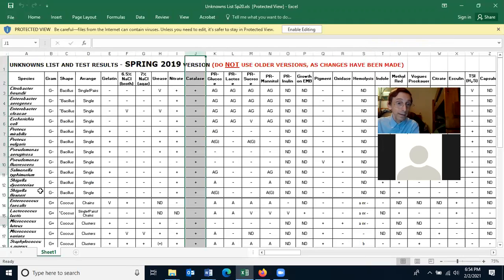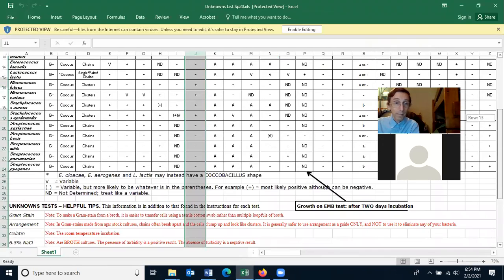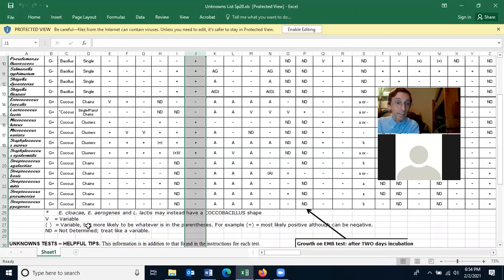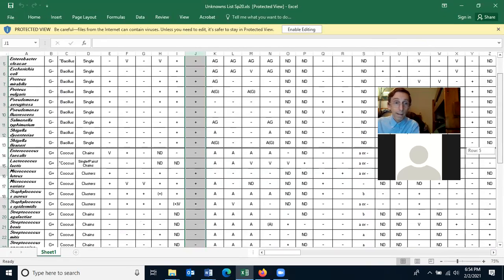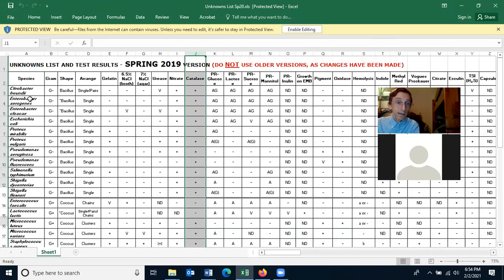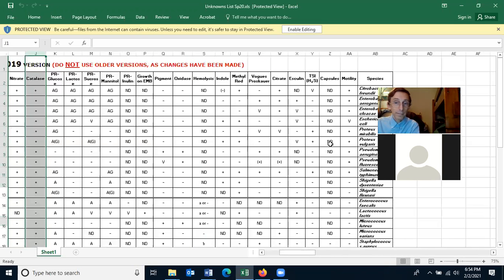The top is the gram-negative bacteria. The bottom are the gram-positive bacteria. And then it has the species over here. And then the different tests that you can run on the top up here. And it goes over to here.